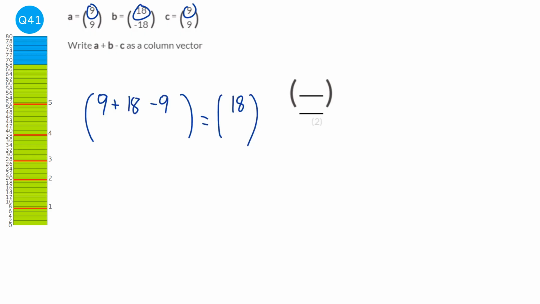And the bottom will be 9 plus minus 18, so really minus 18, and minus 9. And so that will be minus 18. So our column vector will become 18 minus 18.